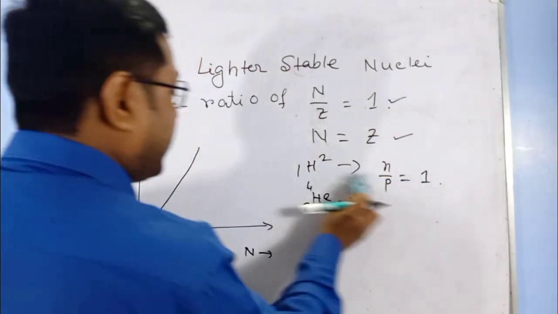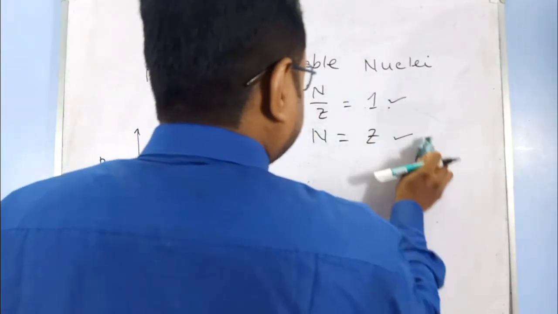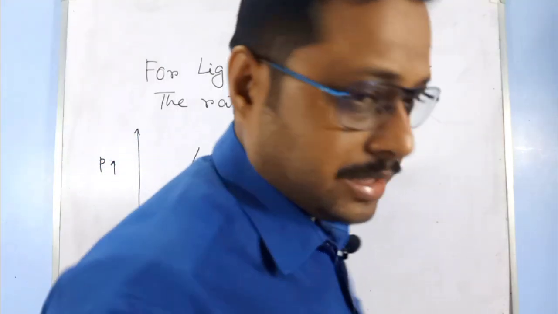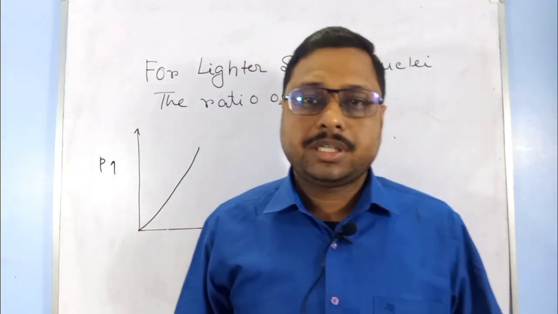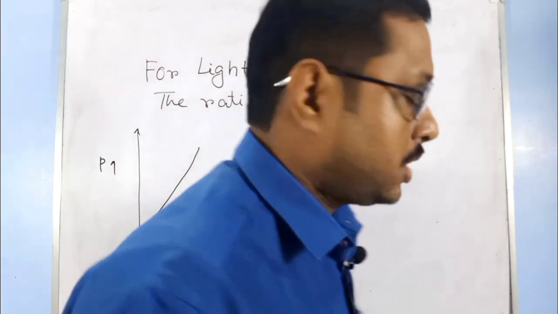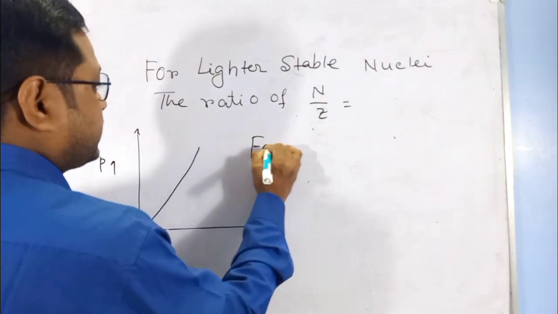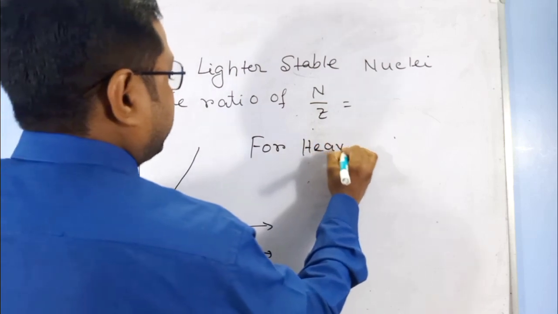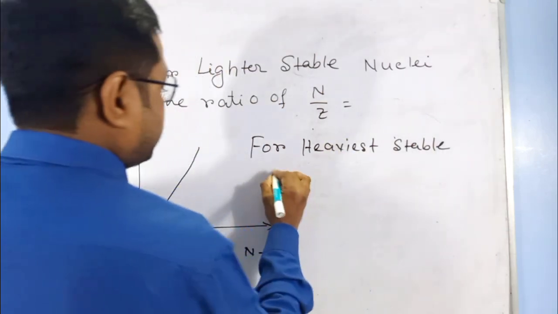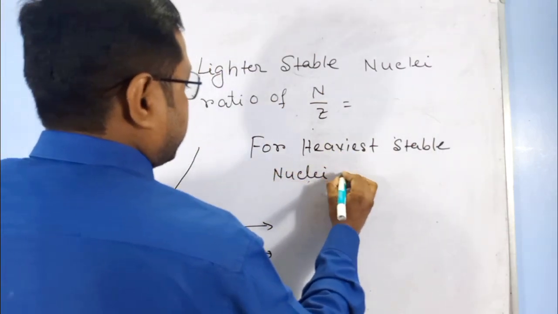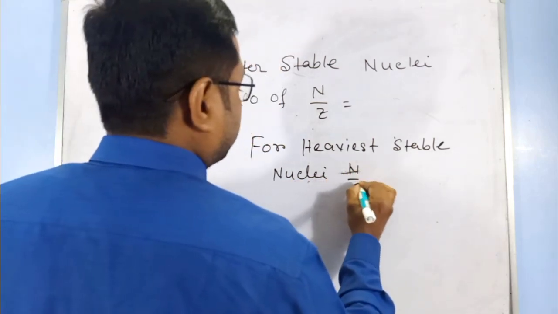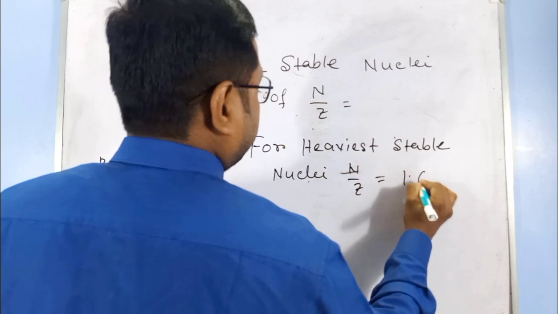But for heavier nuclei, the neutron to proton ratio increases, as with the increase in mass number, the number of neutrons and the number of protons both increase. So for the heaviest stable nuclei, the neutron to proton ratio is nearly equal to 1.6.